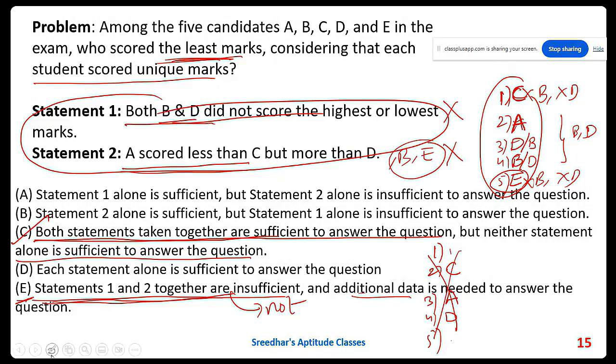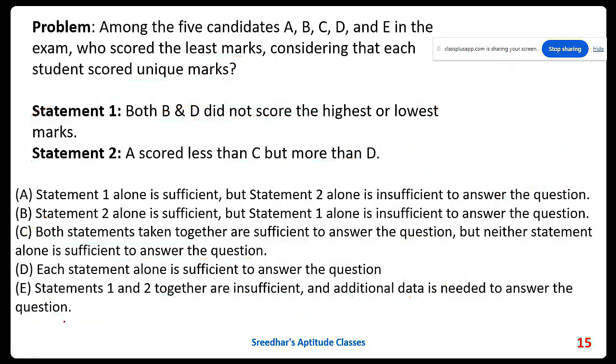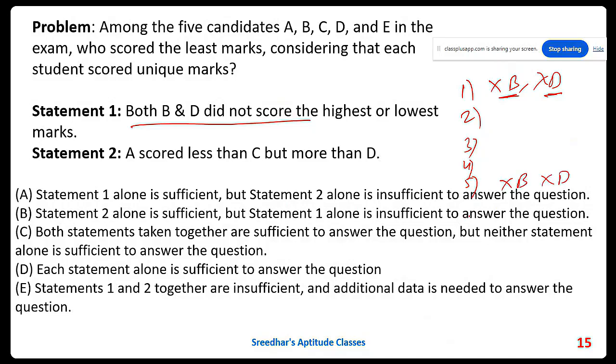Dhanasri is asking me to repeat. Okay, here is the solution once again quickly. 1, 2, 3, 4, 5. He says B and D did not score highest nor least. So B and D cannot be first as well as last. Right?